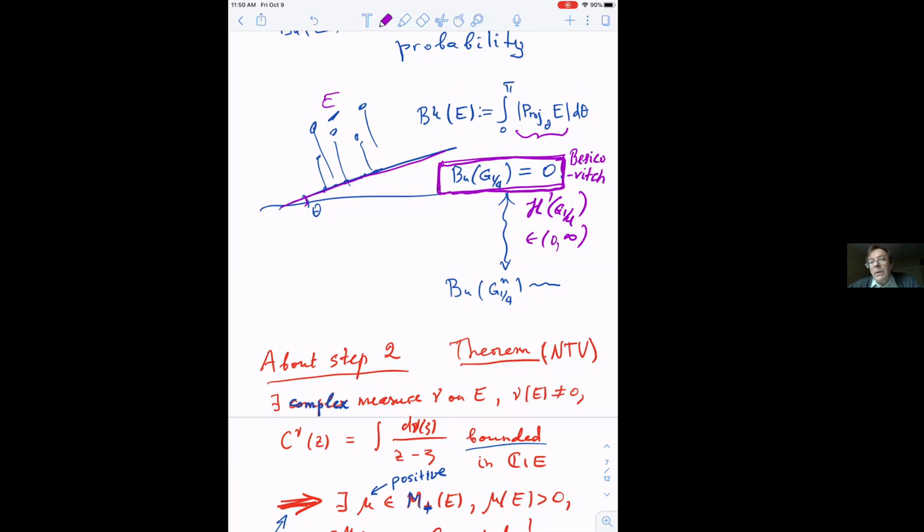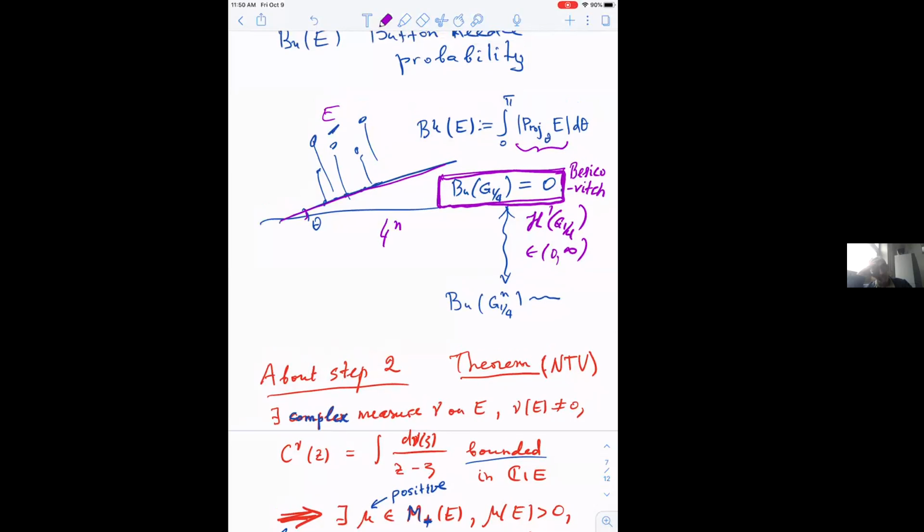But what about the quantitative version? What does that mean? Let's start to construct this Cantor set and stop at stage n. You will have 4 to the n small squares of size 4 to the minus n, sitting in Cantor position. Then you project this onto a line at angle theta. You will have some positive thing. Then you change theta and average.